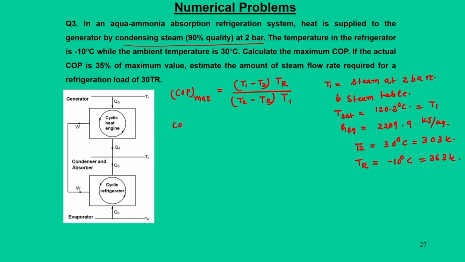So from this equation the maximum COP will be, putting in these numbers, 120.2 plus 273 becomes 393.2, minus 303, multiplied by Tr 263, divided by T2 minus Tr, 303 minus 263, into T1, which is 393.2.